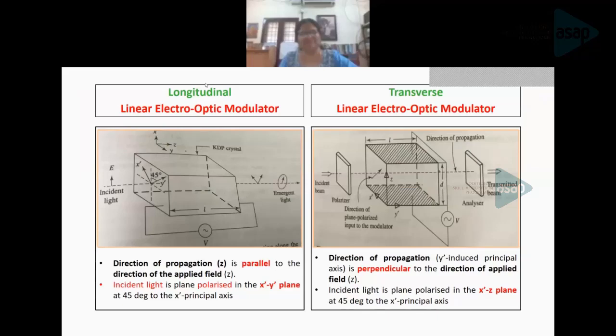But in the case of transverse electro-optic modulator, we just told that the electric field is applied along the Z direction. Z direction is actually the direction for extraordinary ray. So there is a change in the X prime direction, which is N0 plus half N0 cube R63 EZ.